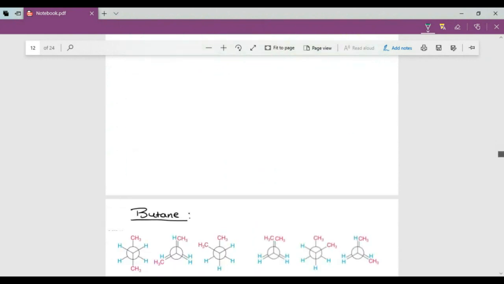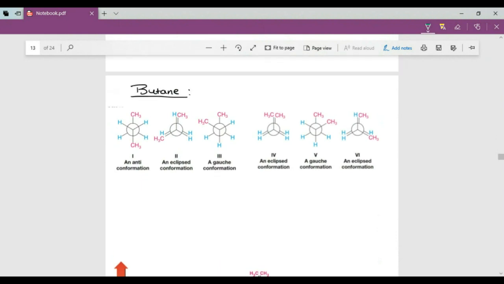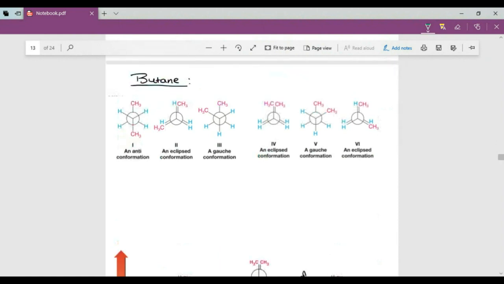So let's move further to butane. To save time, I have already drawn the structures of the different conformers of butane. In case of butane, we have CH3, CH2, CH2, CH3, numbered 1, 2, 3, 4.